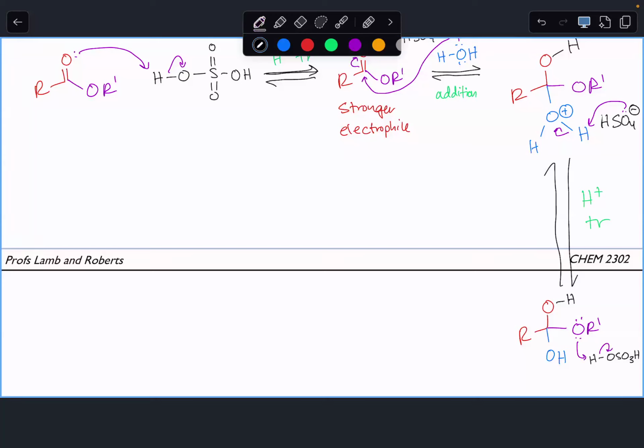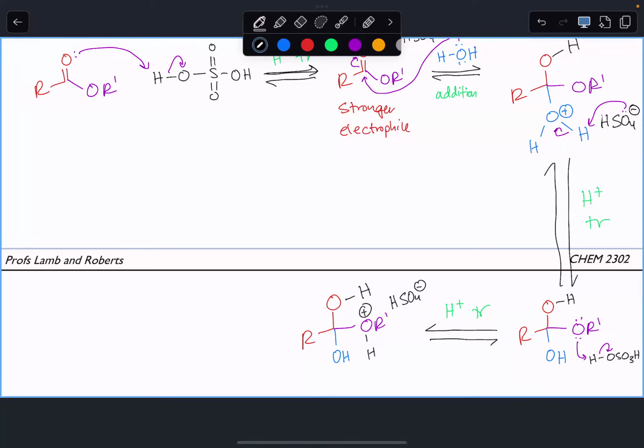So we're doing another proton transfer to make our leaving group positively charged, so now it's ready to leave.